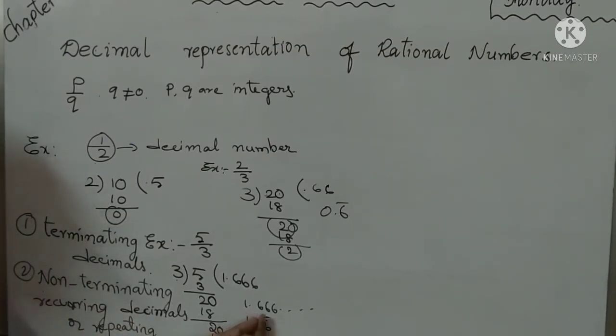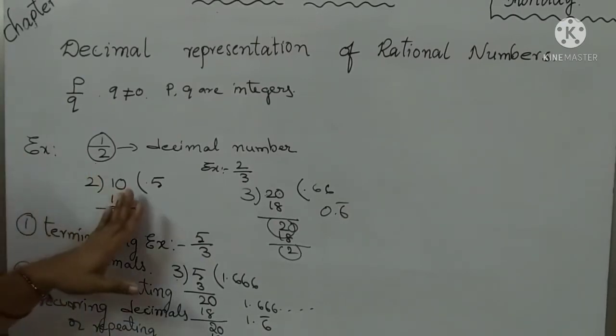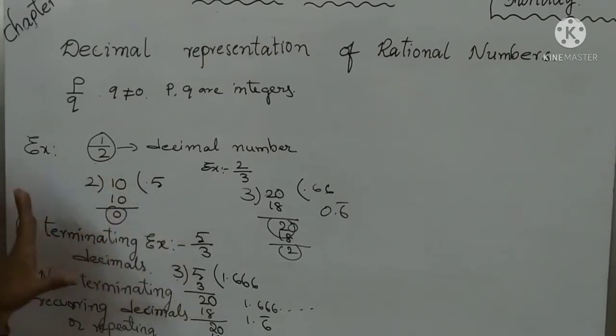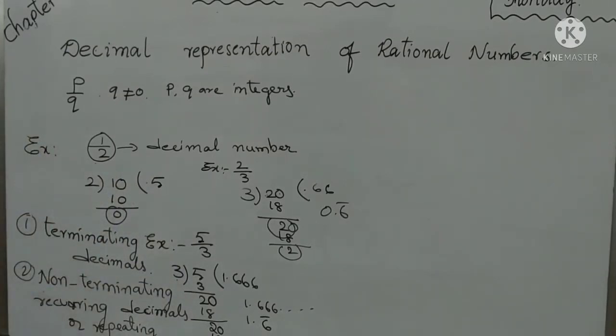It means the numbers are repeating. A repeating number will be obtained. That is called non-terminating recurring or repeating decimals. And 0.5, where the remainder is 0, is called a terminating decimal. Two types are there: terminating decimals and non-terminating recurring or repeating decimals.